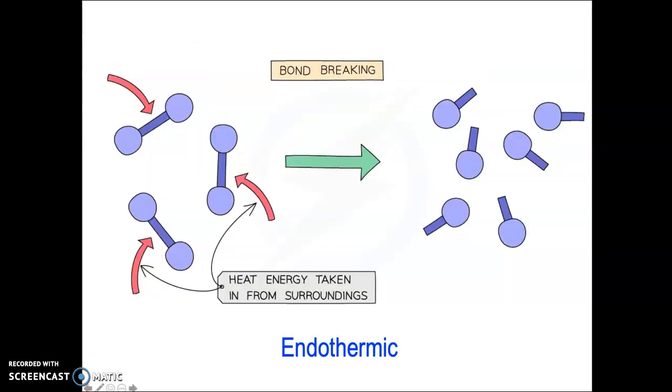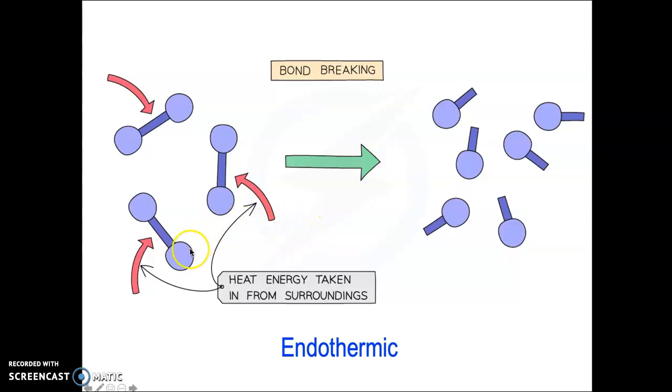When a chemical reaction occurs, the first thing that we need to do is break the bonds so that the atoms can then be free to rearrange themselves. It is logical that energy is needed to go in to break those bonds. If you can imagine snapping a piece of spaghetti pasta, you've got to use your bicep muscles to break that pasta.